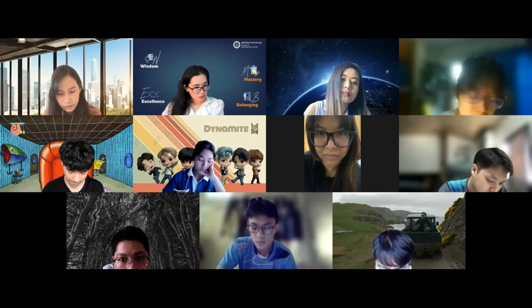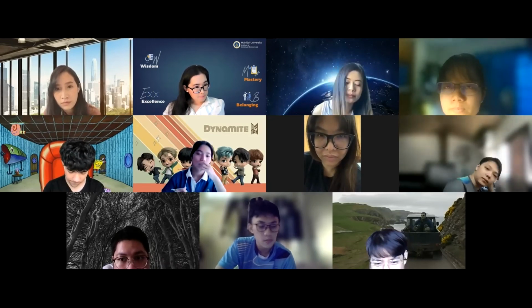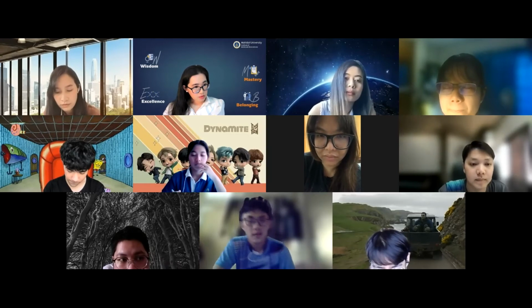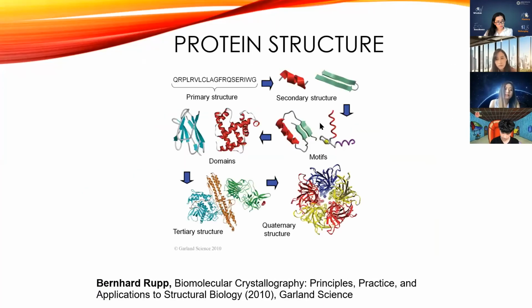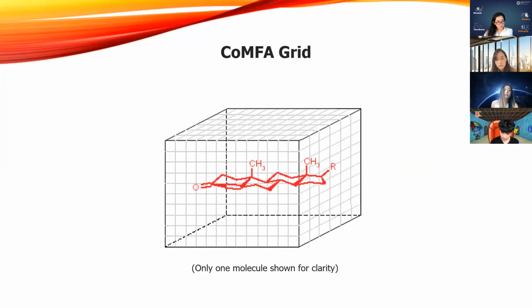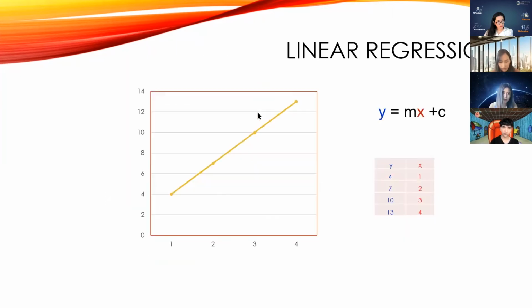So let me introduce the slides. So in machine learning, you have this series, X1, X2, X3, X4, and they have Y like this.